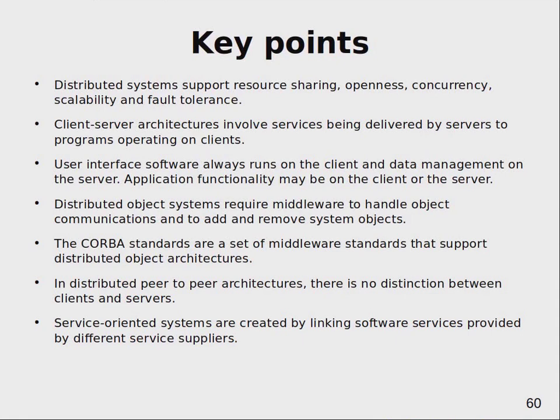So, what are the key points? The key points are the following: distributed systems are needed to share resources, and the easiest way to share resources is client-server architecture, when you have one server and many clients. The political decision is how fat or thin you create your client.